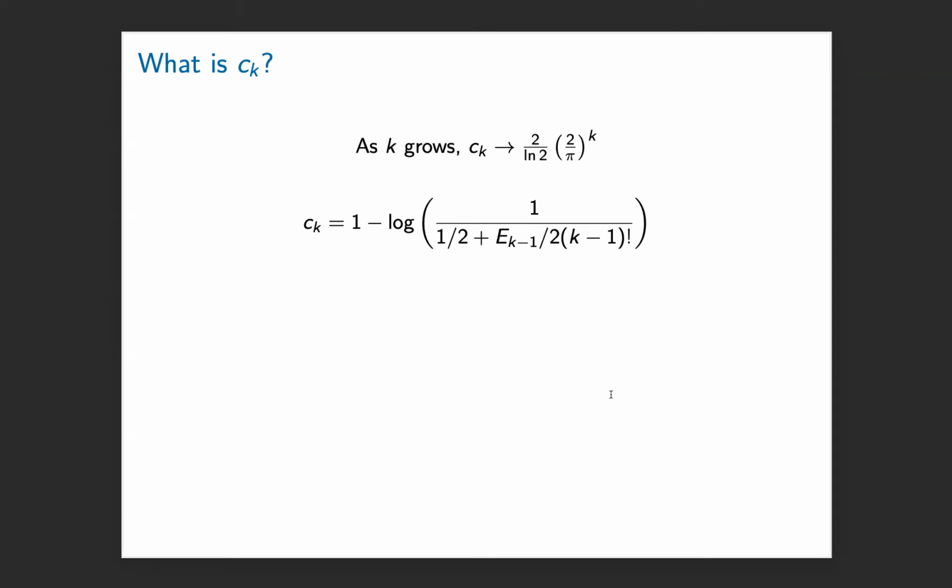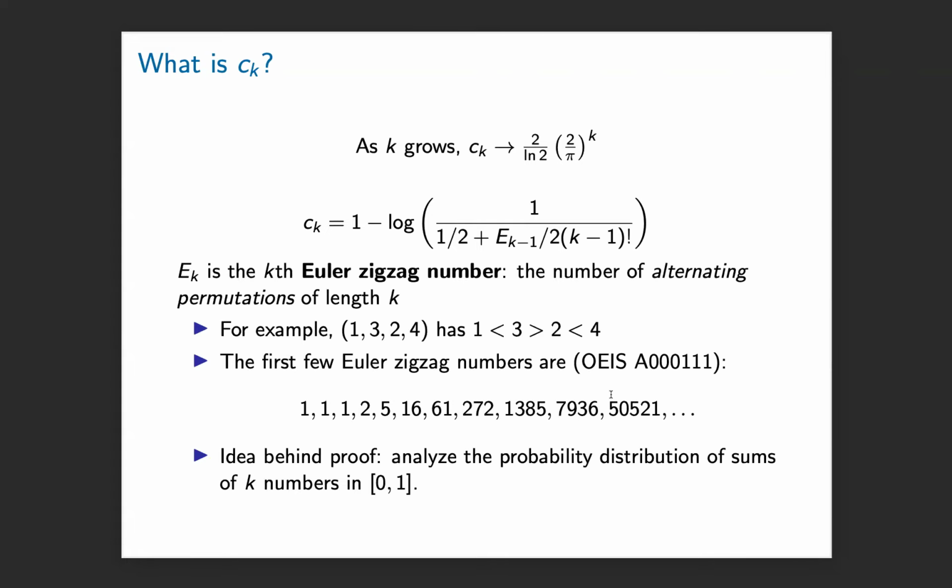c_k is this value, which looks quite ugly. And it involves this E_{k-1}, which is the kth Euler zigzag number. So this is counting the number of alternating permutations of length k.